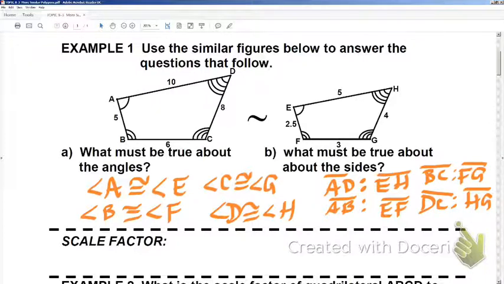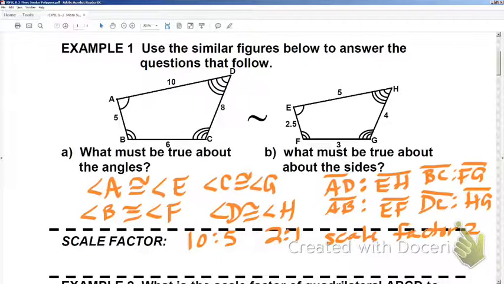So scale factor would be, how are they proportional to each other? What's the exact measure that tells me that they're proportional? So if I use my scale factor from small to big on example 1, I could say 10 to 5. And my scale factor, if I reduce that, would be 2 to 1. So my scale factor would be 2.